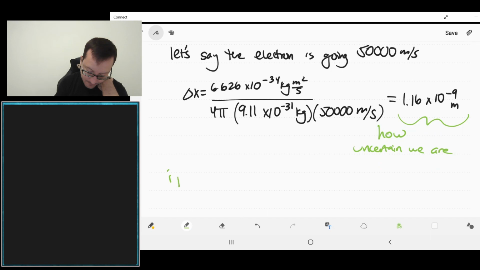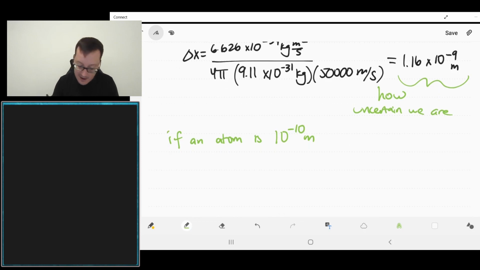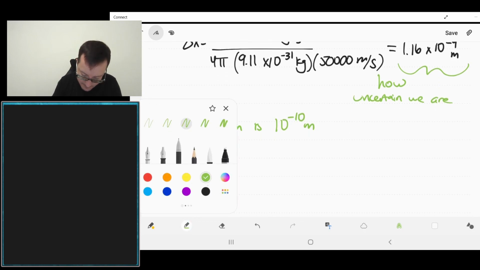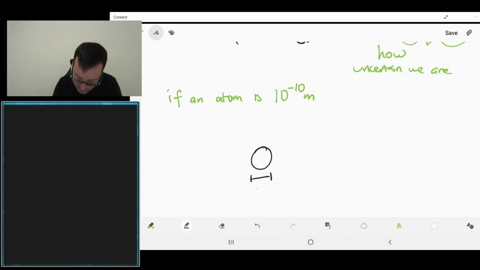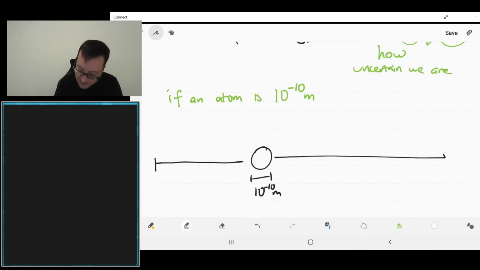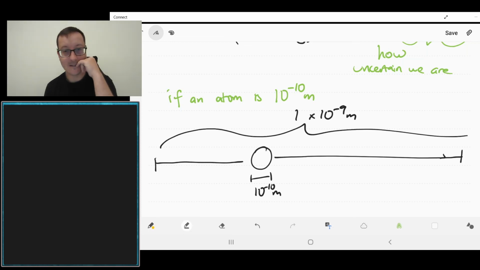If an atom is 1 angstrom in radius, which some are, this tells us, so here's our atom, and 10 to the negative 9 meters is this distance.